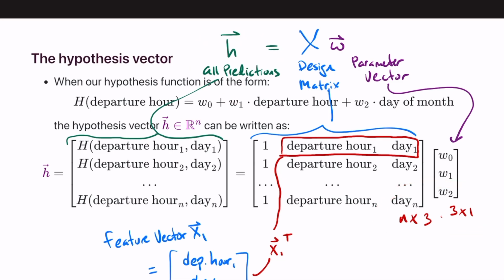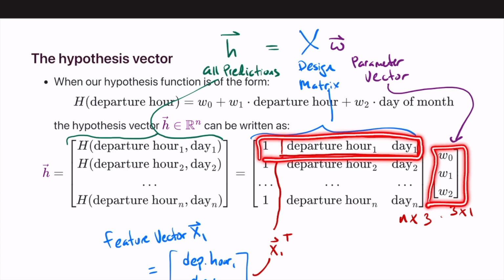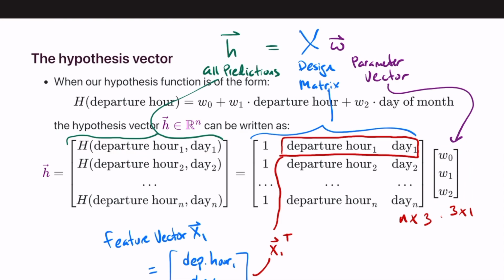It'd be like saying our first observation is the bias times W1 times departure hour, and W1 again, or W2 times departure hour again. So that wouldn't make any sense. So the structure has to be like this, because we need to be able to take all of these and multiply them through with all this in order to get our prediction for that observation. And again, this is one observation multiplied by the weights, and that's how we get this prediction. So that's how we get to this type of structure, I suppose you could say.